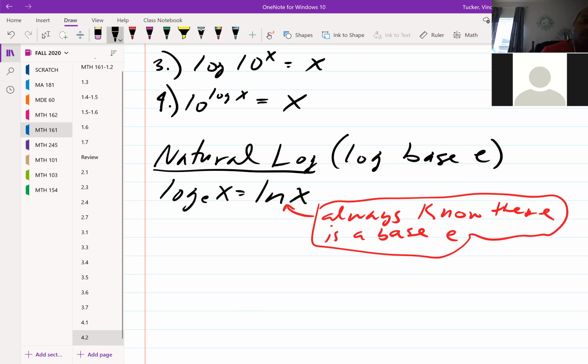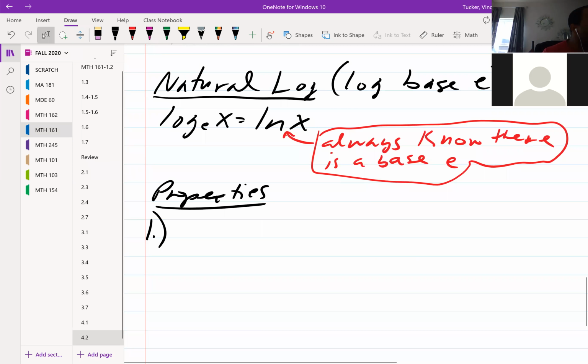And then let's look at all four properties with the natural log in mind.